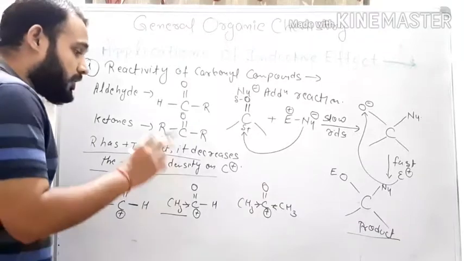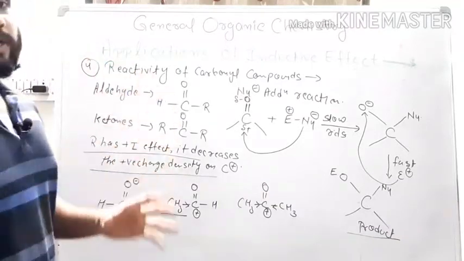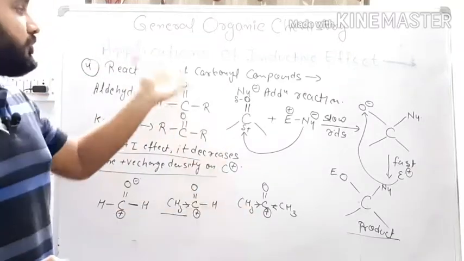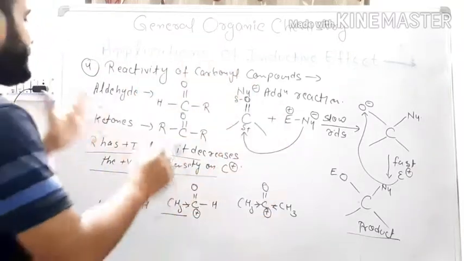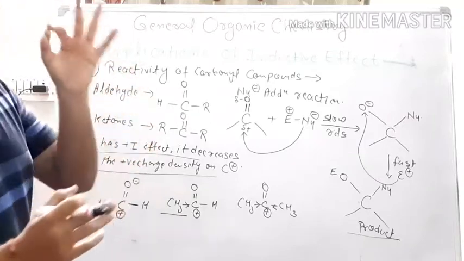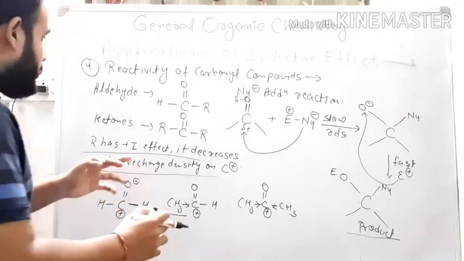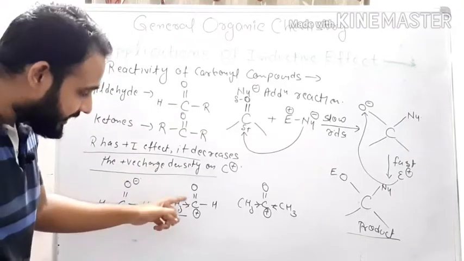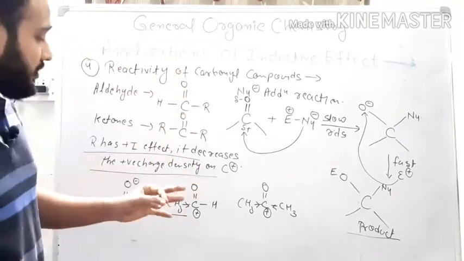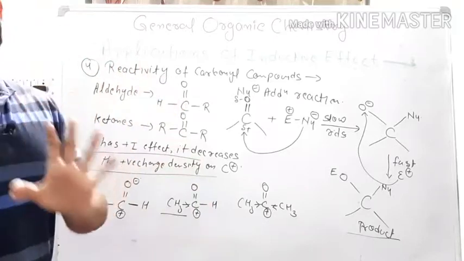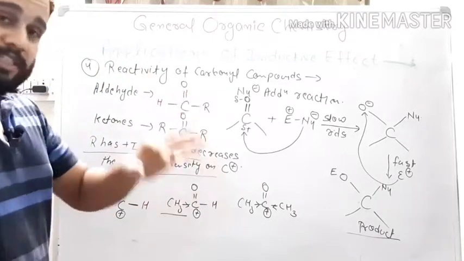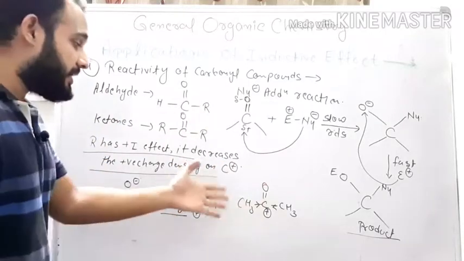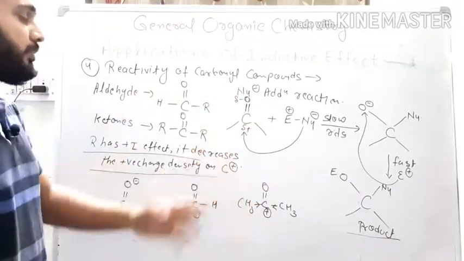So when you talk about the reactivity of carbonyl compounds, the aldehyde will show more reactivity towards nucleophilic addition reaction than ketones, and this can be explained by the inductive effect, because in aldehyde no inductive effect or a single alkyl inductive effect decreases the positive charge density on the carbonyl carbon, whereas in ketones two positive I effects highly decrease the positive charge density on your carbonyl carbon.